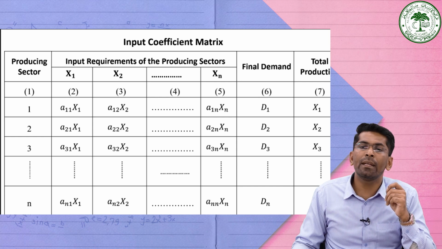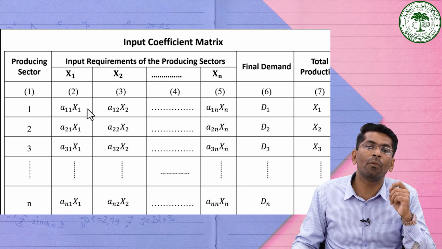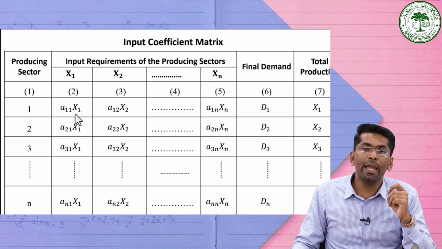Earlier we explained the amount of input needed for producing x1 unit of output by the producing sector, whereas now we are explaining it in terms of the technical coefficient. Producing x1 unit of output, the producing sector uses a11 x1, a21 x1, a31 x1 up to an1 x1.